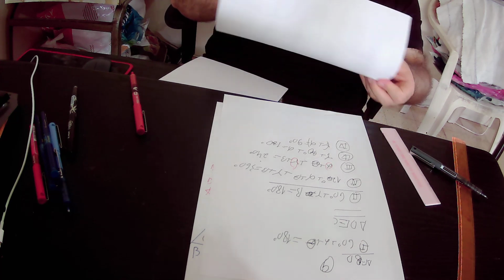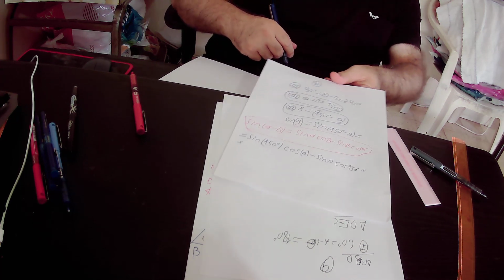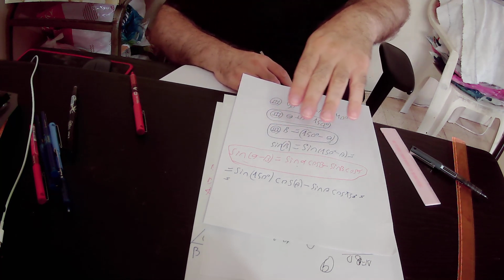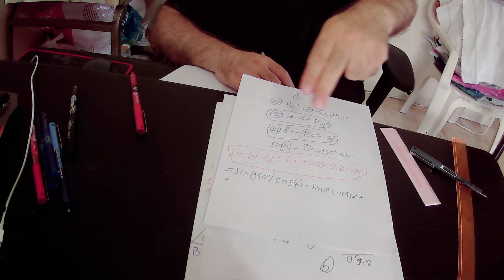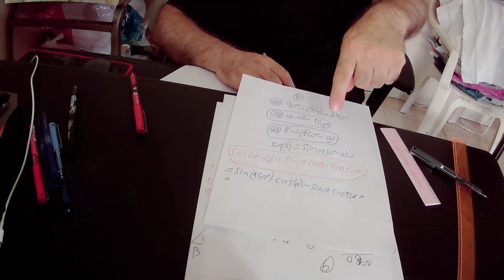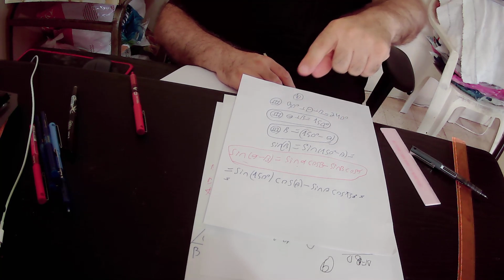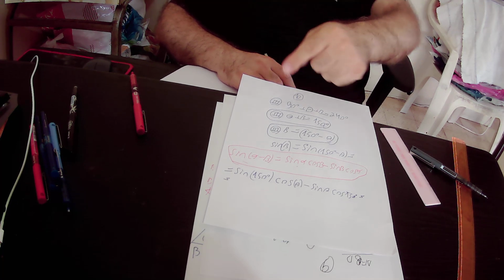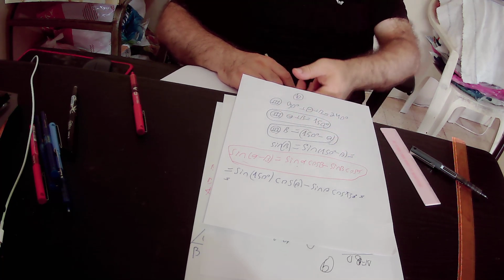Again, we used the second trigonometric identity in order to find the value of sinus of 150 degrees minus theta, and we got that the value equals this expression.